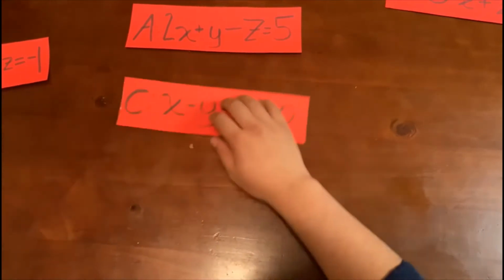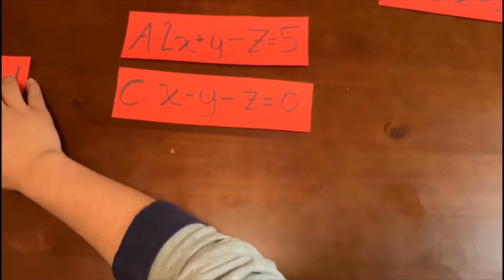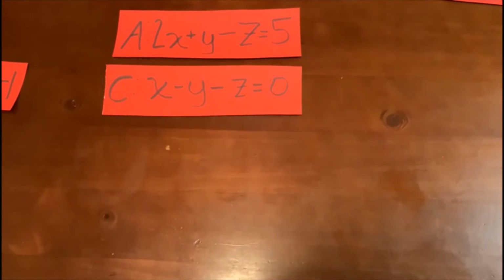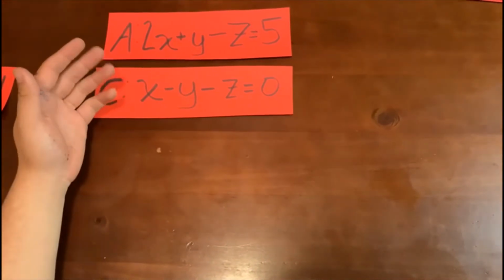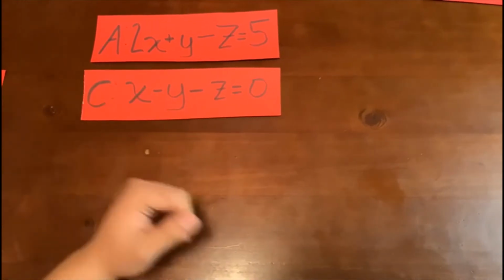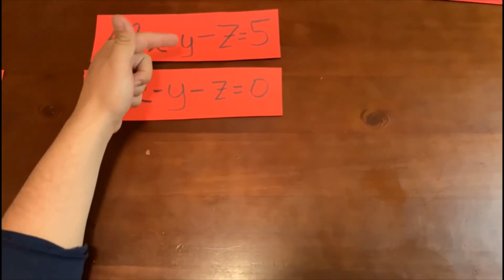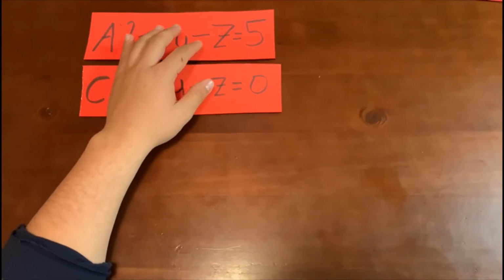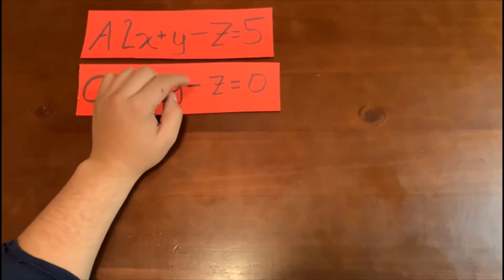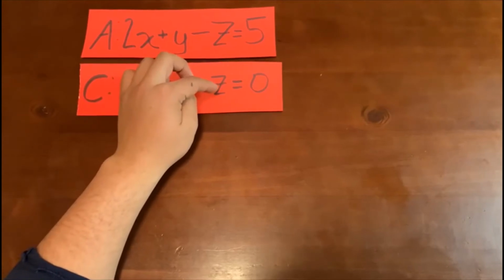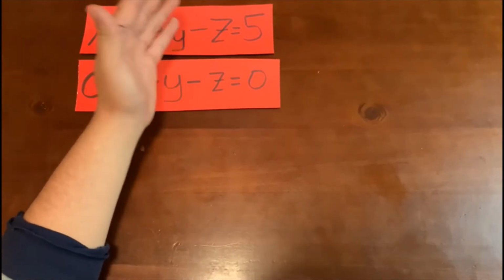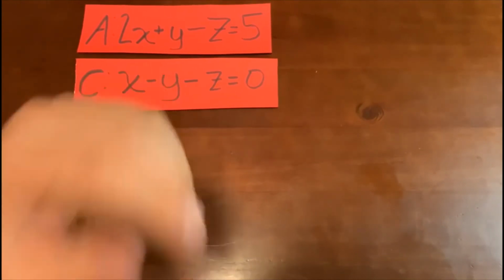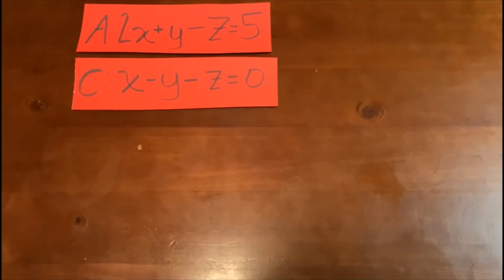Now we're going to get our second equation, which we will work on with equation C. So we go ahead and work out the problem. 2x plus x equals 3x. Y cancels out again, positive, negative. Negative z minus z equals negative 2z.